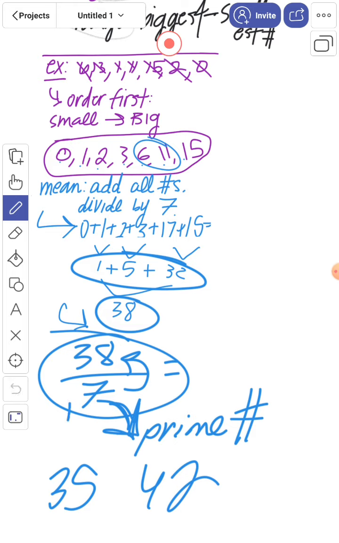And because 7 is prime, there are no other factors. Only 7 and 1 multiply to get 7. So it's stuck like that. That's our answer. That's the mean, 38 over 7.